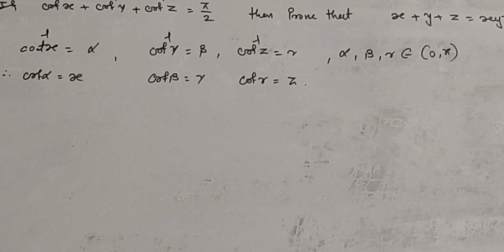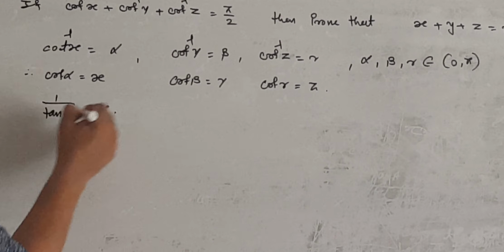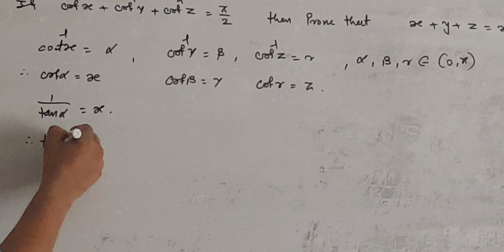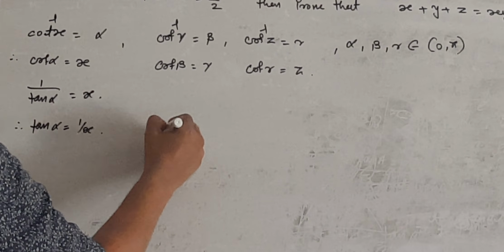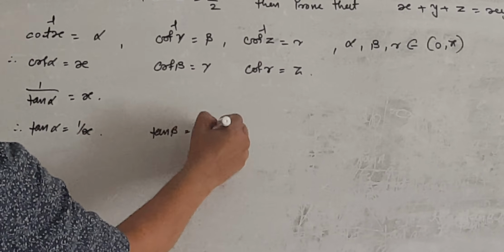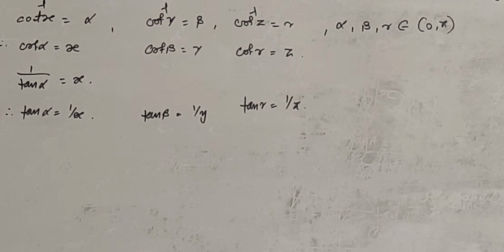You have to know that cot means 1 upon tan. So 1 upon tan alpha is x, therefore tan alpha is 1 upon x. Similarly, tan beta is 1 upon y, and tan gamma is 1 upon z.